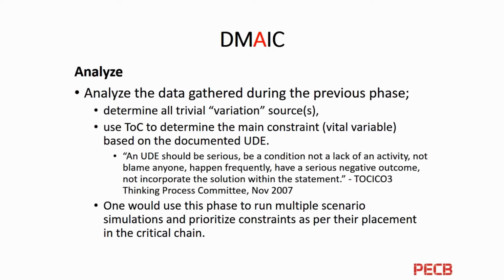During this phase, we would run multiple scenario simulations, and based on the outcome from those scenarios, we will prioritize the constraints as per their placement in the critical chain. Now, the critical chain idea is, most probably everyone knows, that the processes within an organization can be associated with a chain. The weakest process is the weakest link of the chain.